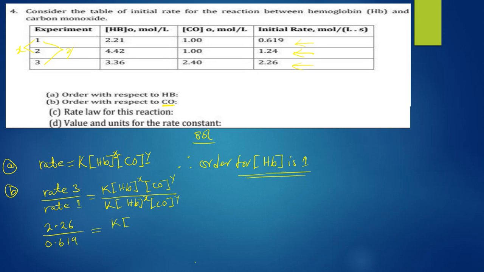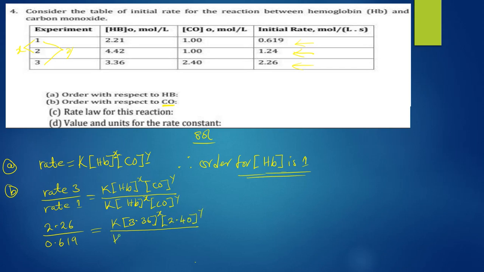Then what's our concentration for hemoglobin on experiment 3? So that is 3.36, like that. You raise it to x, and then the concentration for carbon monoxide on experiment 3, that is 2.40, like that, and raise it to power y, like that.